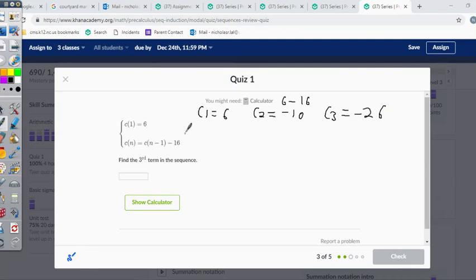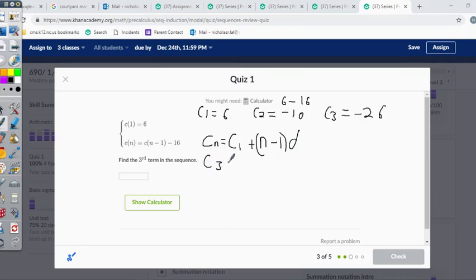We can also find the explicit form. Remember, C_n would be equal to C1 plus n minus 1 times d.